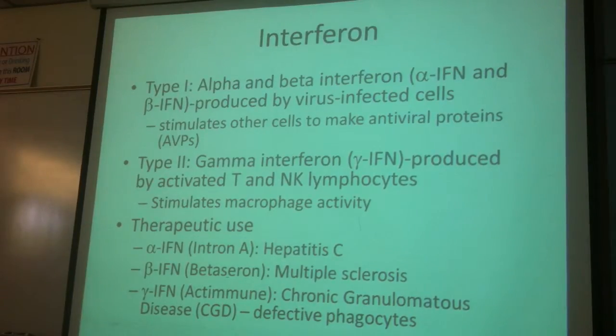These are used for hepatitis, multiple sclerosis, and chronic granulomatous disease. So interferons are used for multiple things. These are non-specific. They inhibit the spread of viral infections.